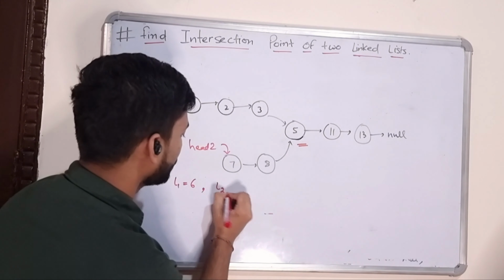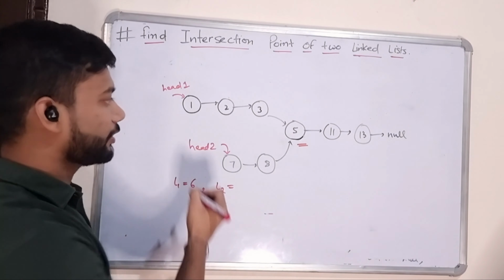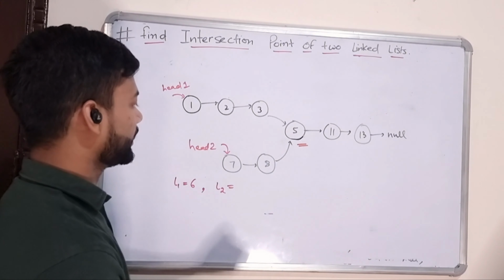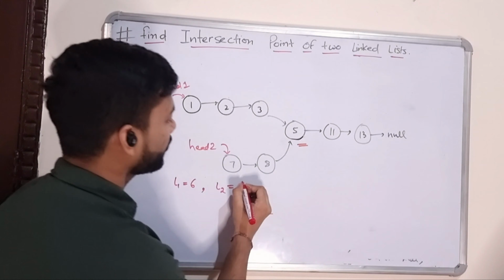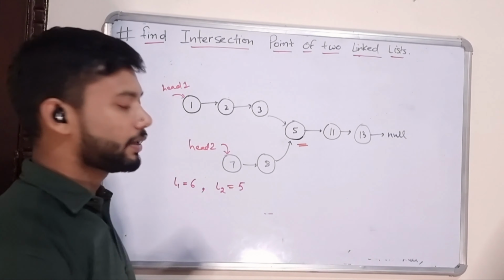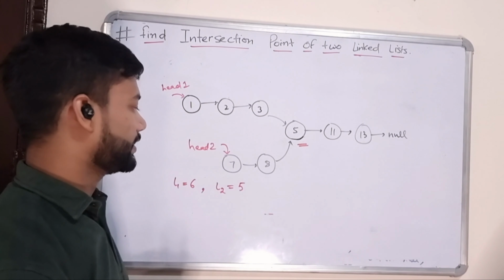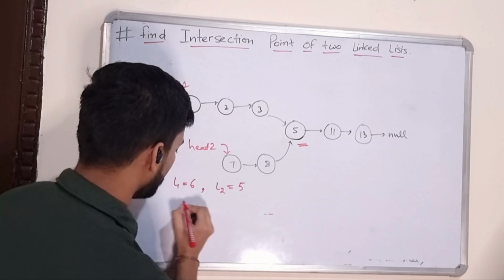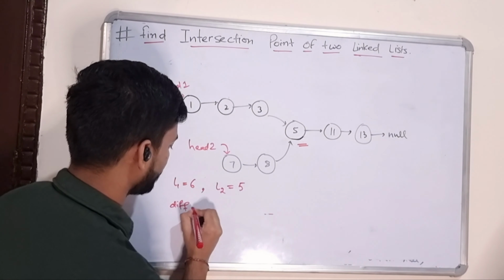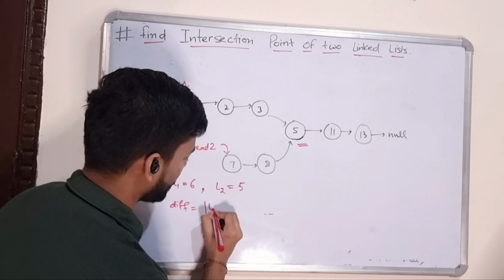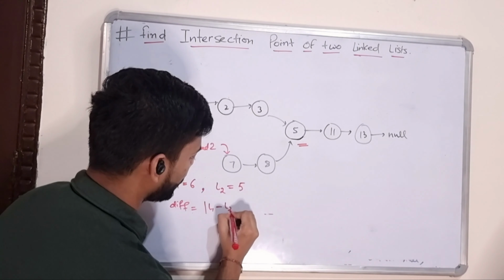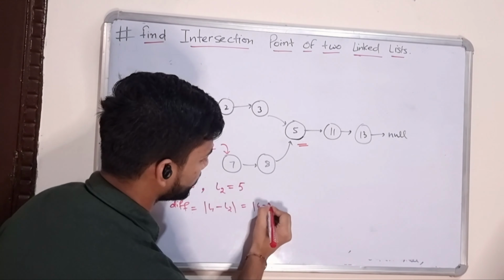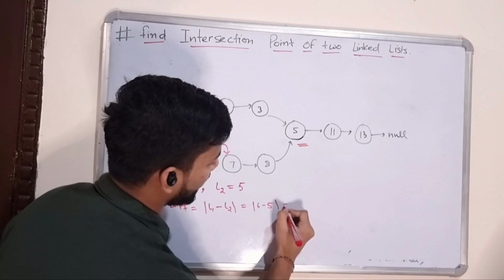Similarly, we'll calculate L2, which is the length of the second linked list, and its value will come out as 5. Once we have both of the lengths, we will calculate the absolute difference of both of the lengths. So the difference will be the absolute difference of L1 and L2, that is 1.